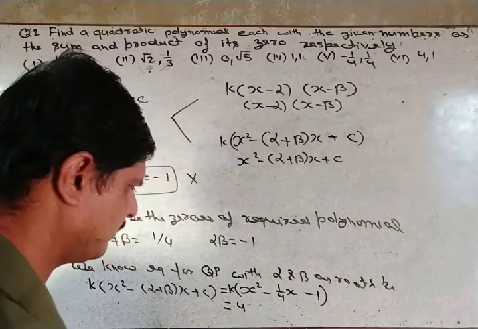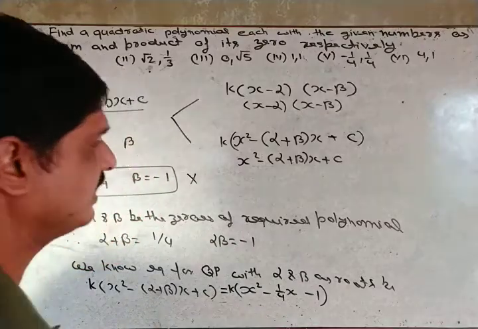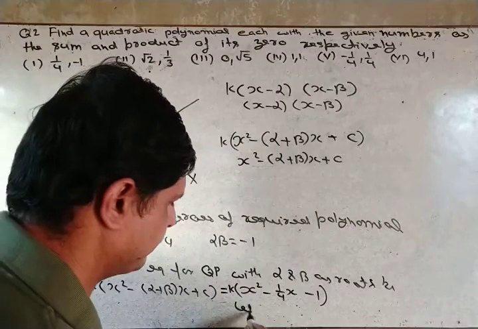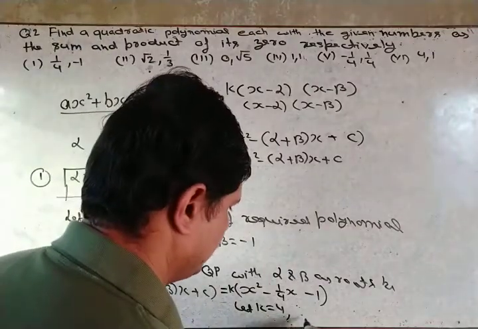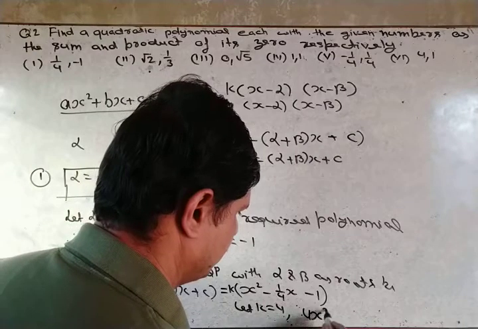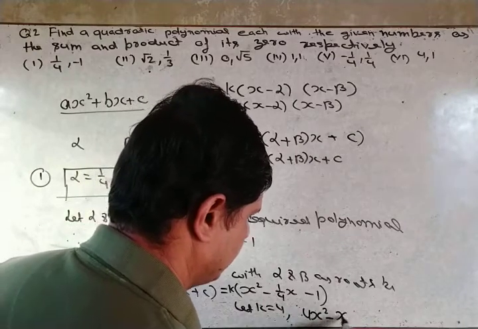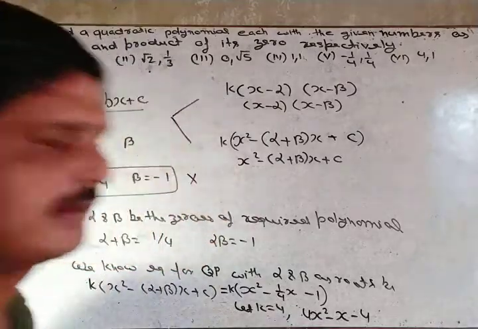Let k be 4. When k is taken as 4, you will get 4x square minus x minus 4.